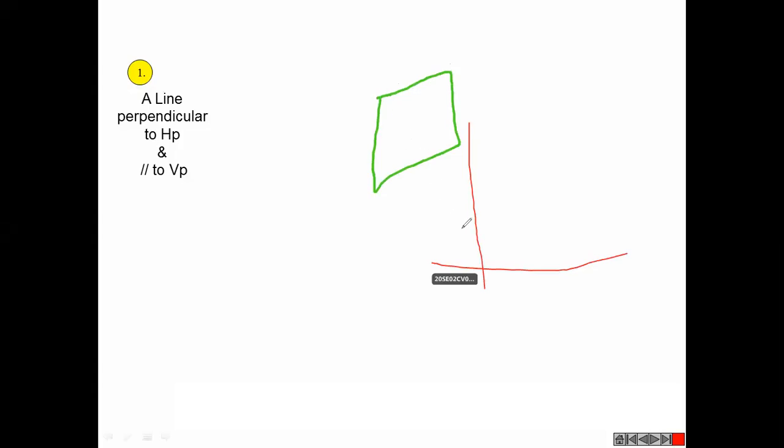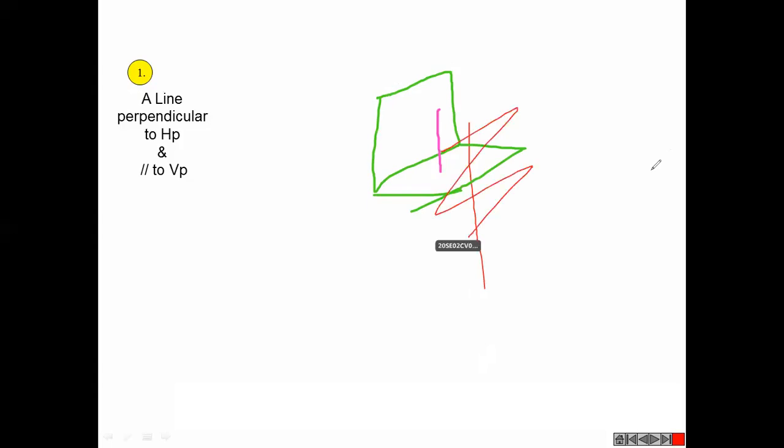Pi by 2? Hey, where did pi by 2 come from? Hey, 90 degree orientation. Yes, so it will be like this. Who was drawing? Draw it. You are correct. Draw it. So it will be like this. This pink line. Correct? This pink line is correct?